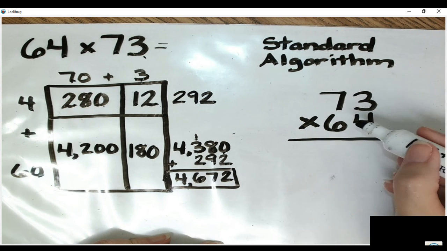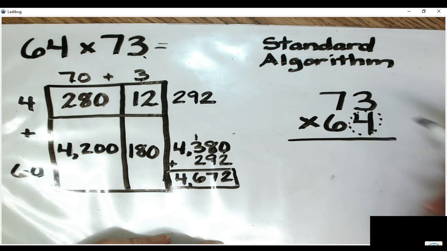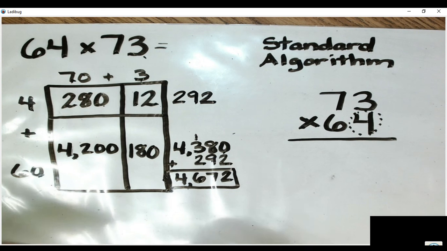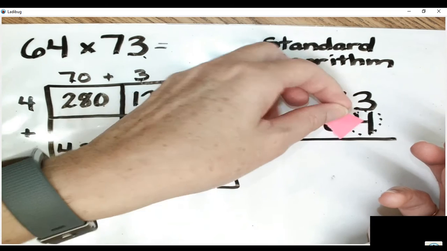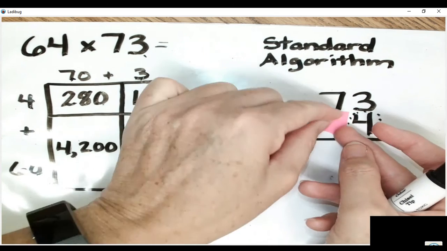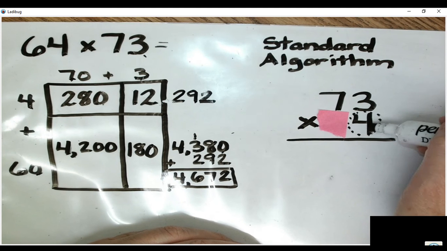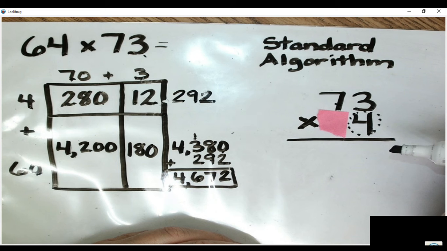We're going to start in the ones place on the bottom. And so we are going to ignore, let me see if I can get my sticky note here, we are going to ignore that 6 to begin with. Okay, we're going to just pretend that he's not there. And the first thing we're going to do is 4 times 3 and then 4 times 7, or 4 times 70.